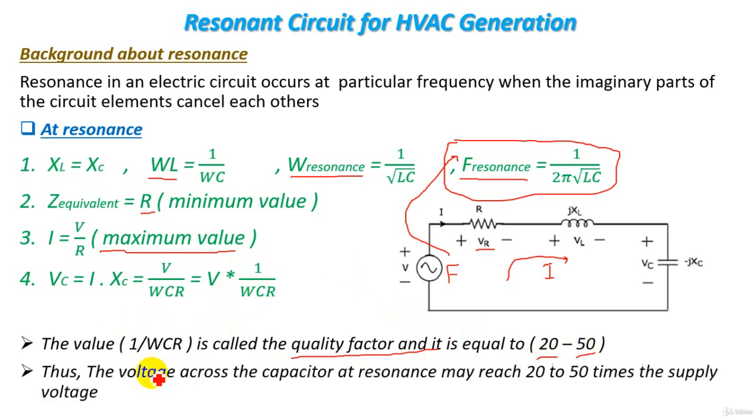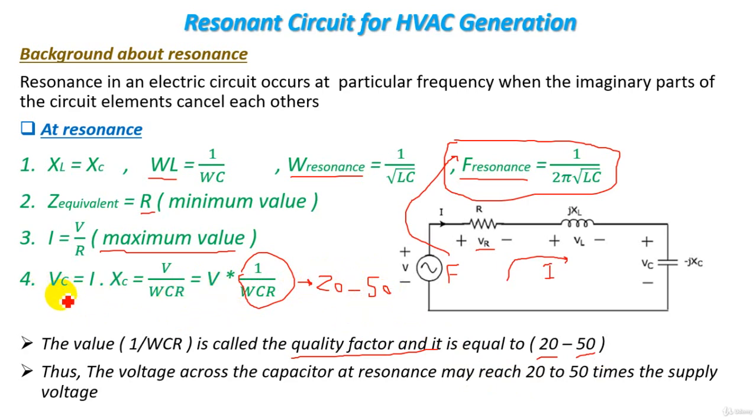So the voltage across the capacitor at resonance may reach 20 to 50 times the supply voltage. So we can make use of this phenomenon to increase the voltage across the capacitor.